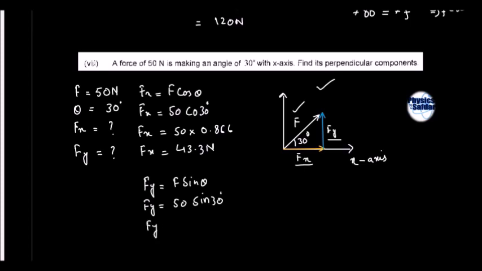Fy is equal to 50 and sine 30 is equal to 0.5. Now multiply both numbers, then we get 25. Because we calculated force, you can write Newton here. So these are the perpendicular components of the force.